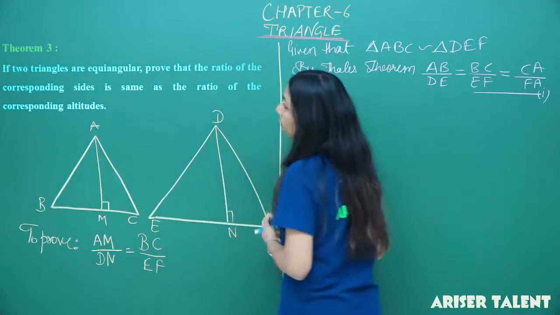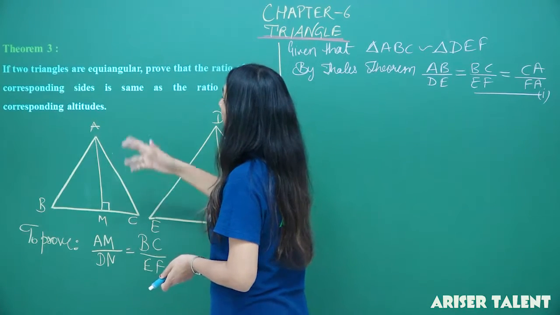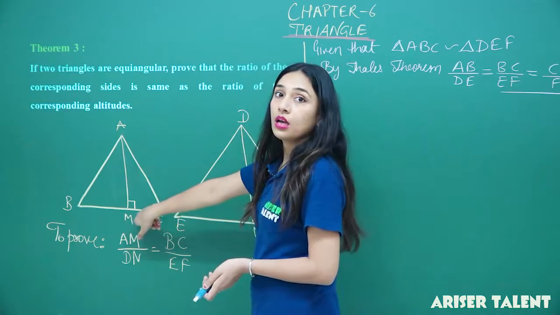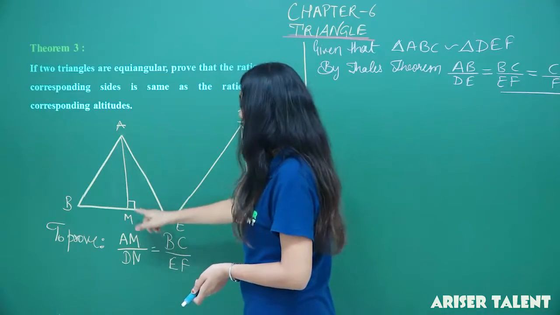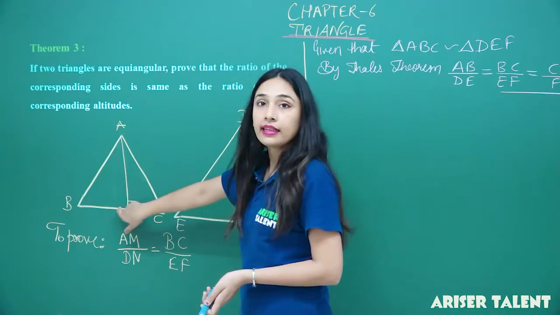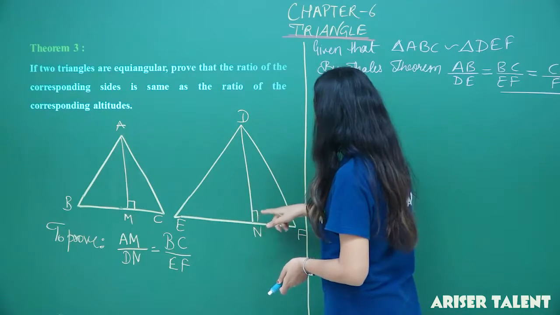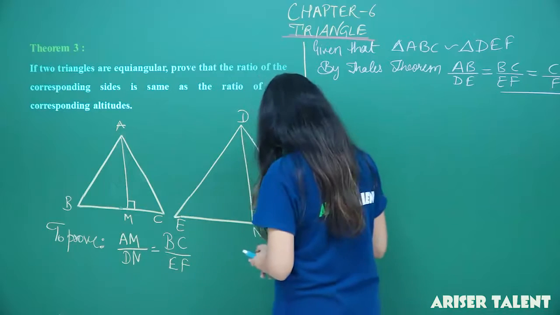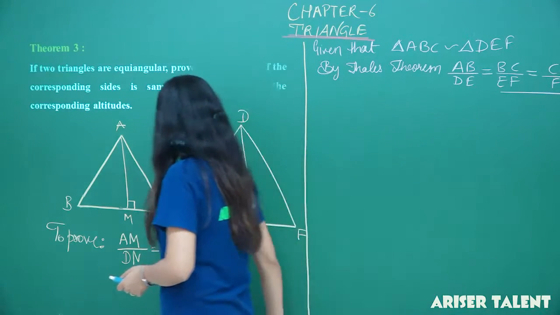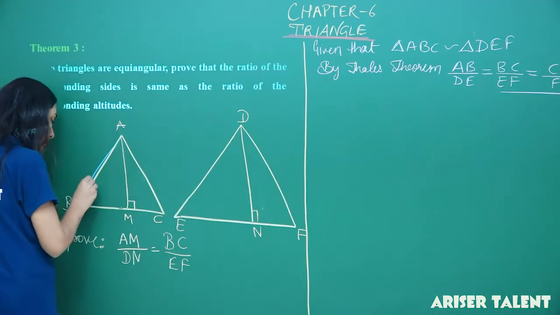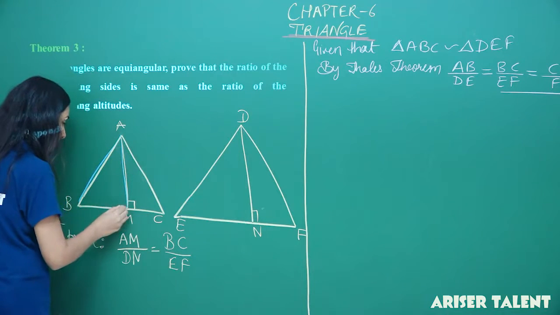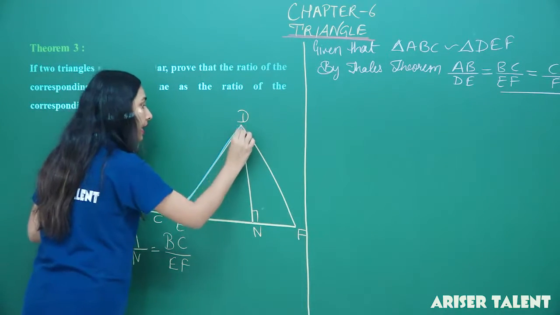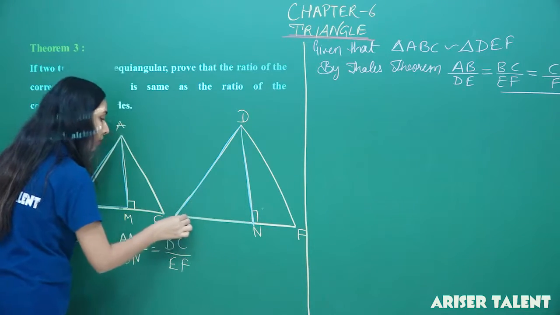Now it's also saying that this is an altitude. So this is angle 90, this is angle 90, this is the altitude. That's why this is angle 90 and this is angle 90. Now if we look closer at these two little triangles, this is ABM and DEN.